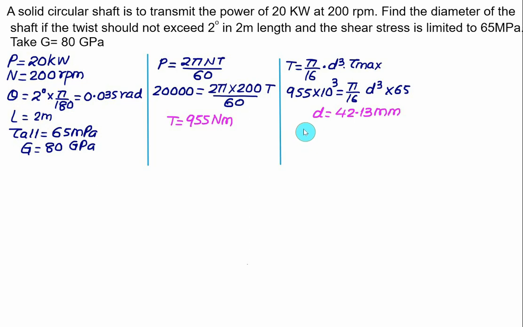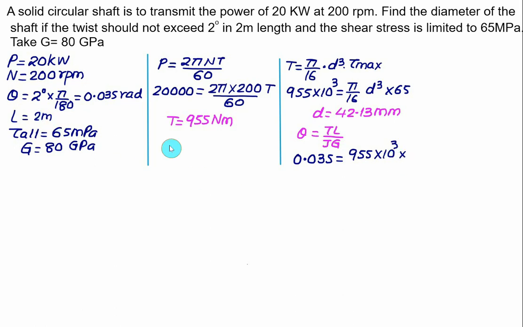So we have theta equal to T into L by J into G. Using this also we can calculate one diameter. And for the safer side we always use the larger diameter. Theta you have to use as 0.035. Torque you have to use in Newton mm, 955 into 10 to the power 3.